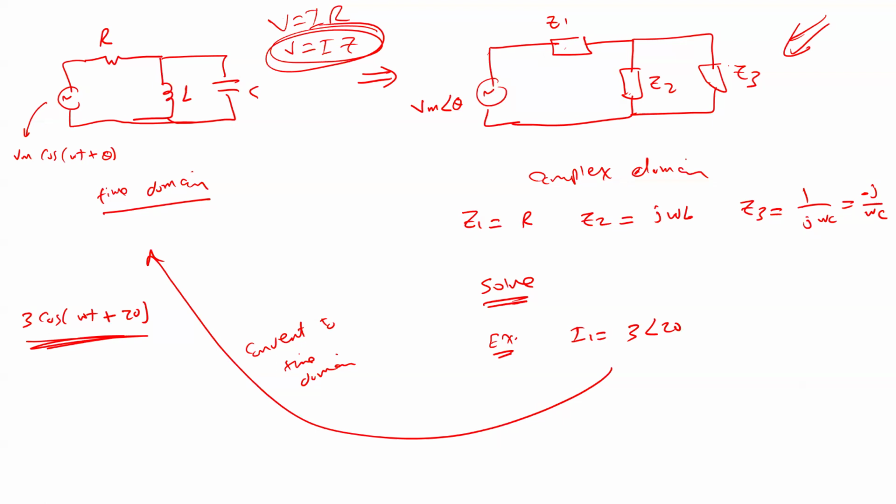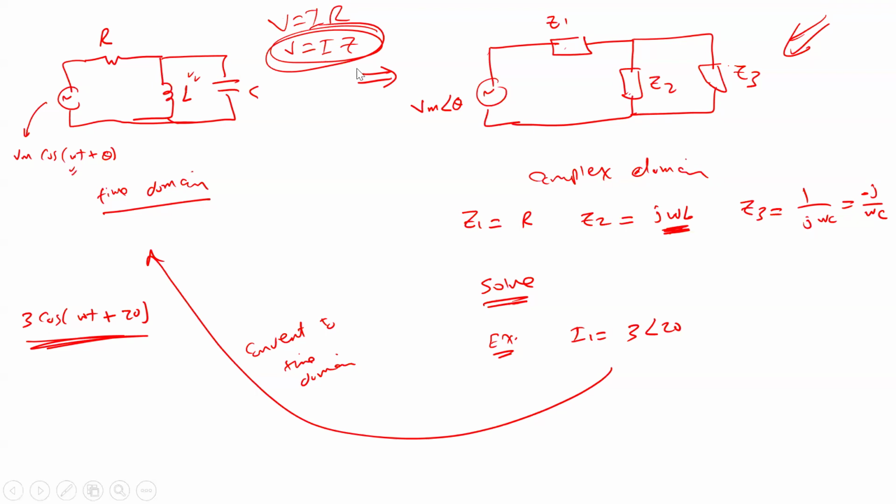I'm not going to teach any new circuit theorem, because we're going to use everything we used before, as you will see. This R is an impedance with value R. For the inductor, Z2 is j omega L. It's a complex number, with L here, and omega here because the whole circuit has the same omega.